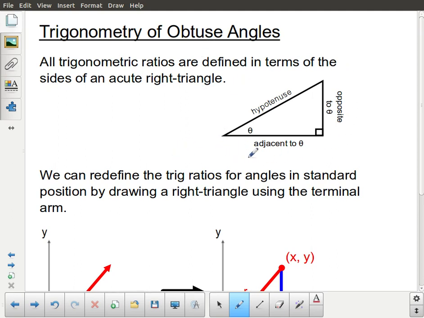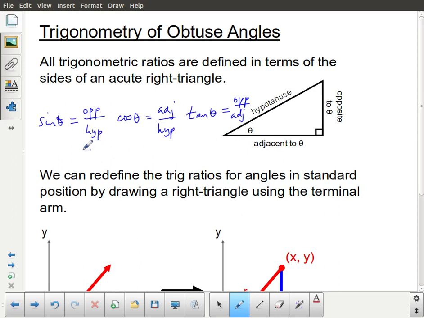We will still be making references to our standard model, which makes use of opposite, adjacent, and hypotenuse. With the angle theta, sine theta is equal to the opposite side divided by the hypotenuse, cosine of theta is equal to the adjacent side divided by the hypotenuse, and the tangent of theta is equal to the opposite side divided by the adjacent.